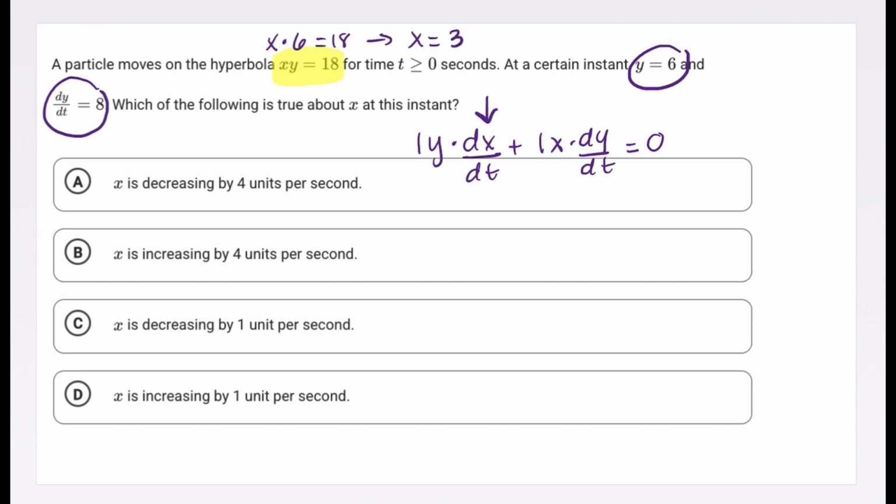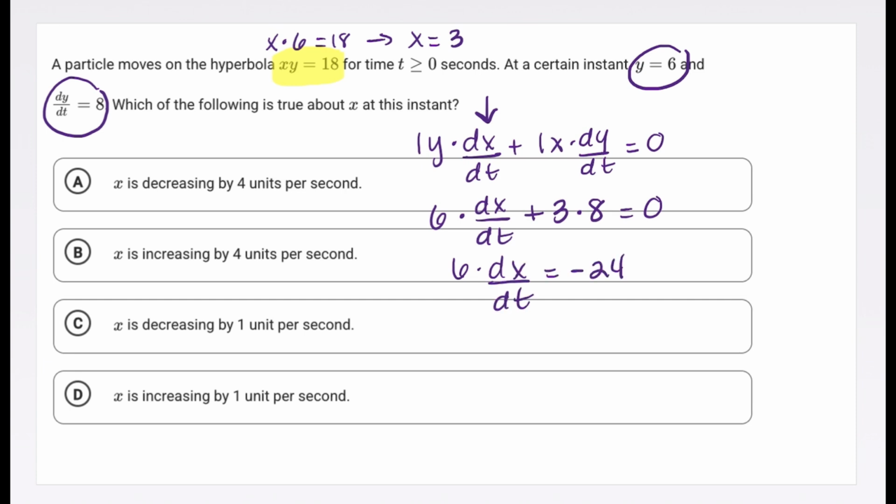So I'm going to have 6 times dx over dt equals, or rather plus, 3 times dy over dt, which is 8, equals 0. So then I'll have 6 times dx over dt equals negative 24.